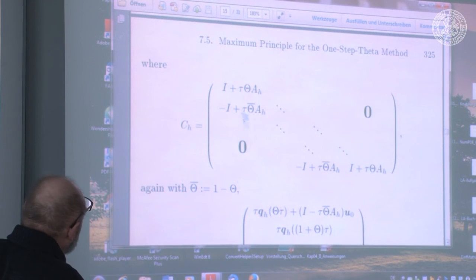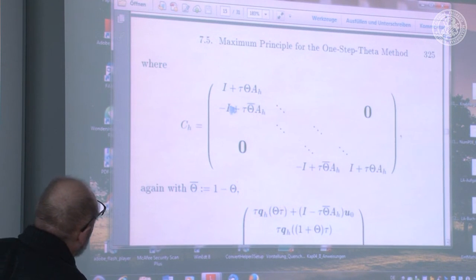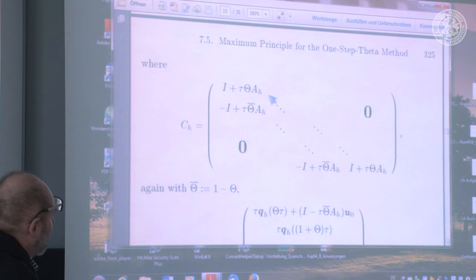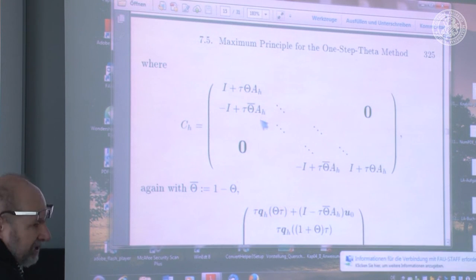We are here, and here we only have this matrix. So we sum over here. We get a 1 from here. We get tau times theta times the corresponding A sum. And now you see, the corresponding A sum only needs to be greater or equal to 0 to ensure that we have something positive here. That's again that the initial data act as Dirichlet data. They bring in the positive values which we need.